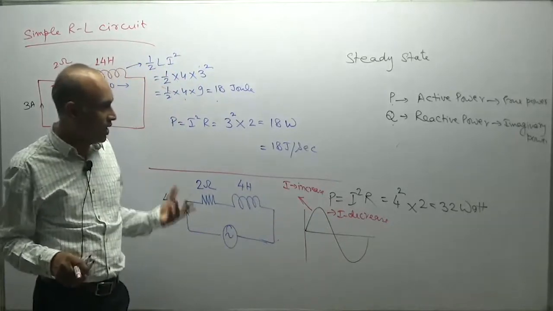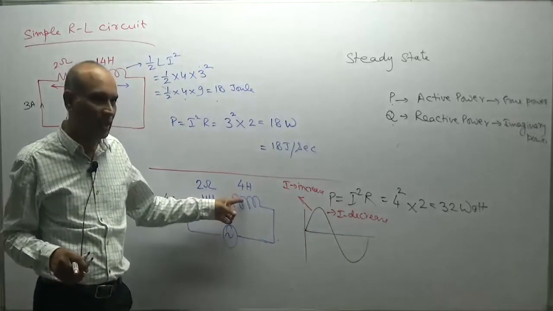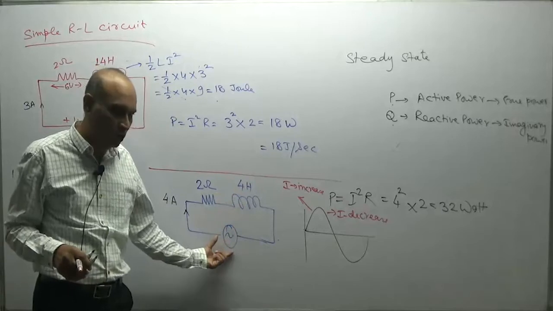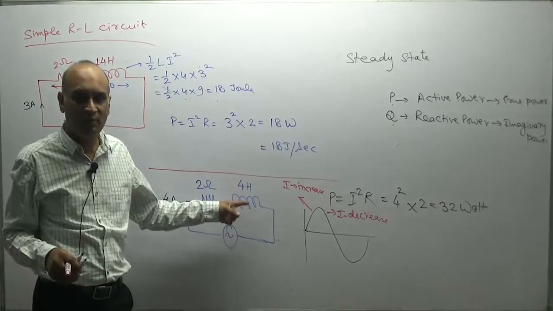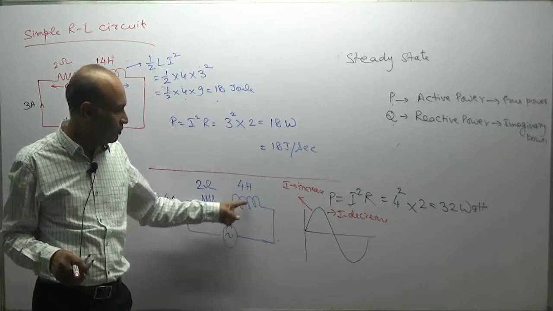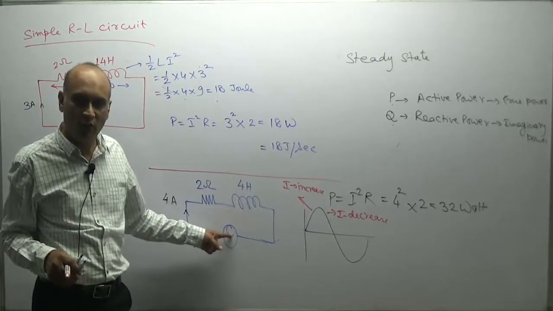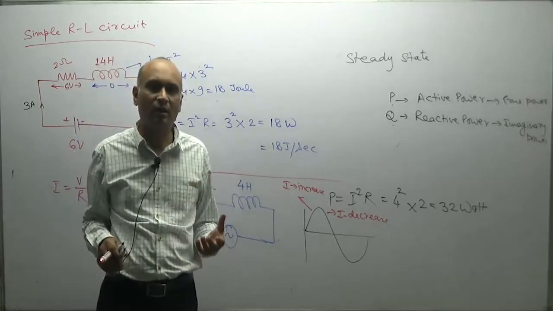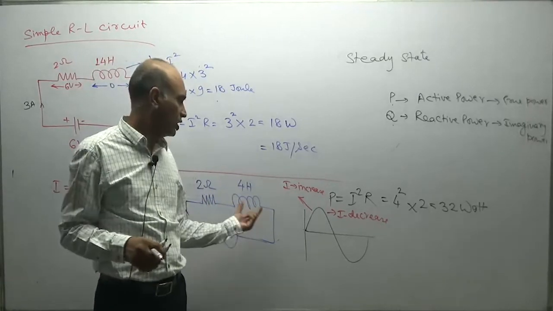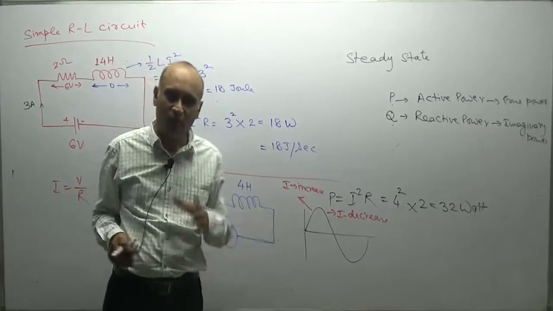So what is actually going on? It is storing the energy, taking the energy from this voltage source. In the next quarter cycle, it is releasing the energy and giving back energy to this voltage source. So in simple words, we say this is consuming reactive power. Got the point?